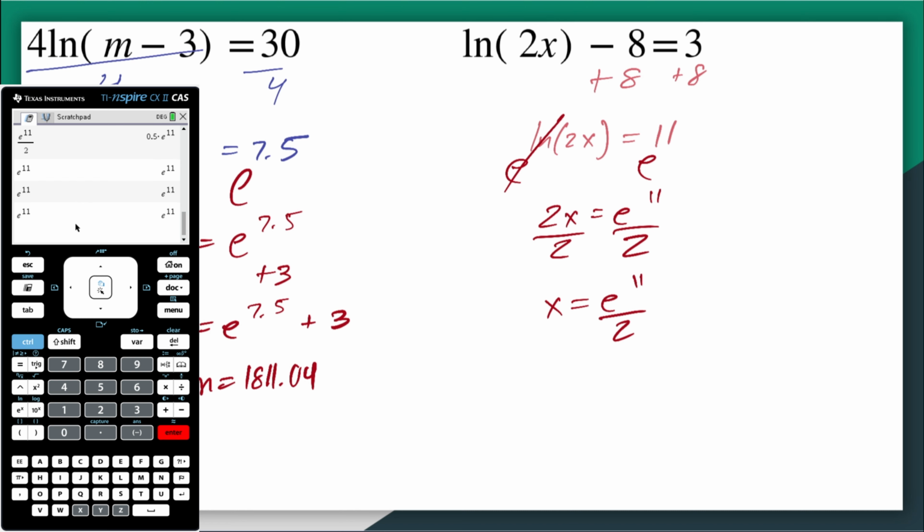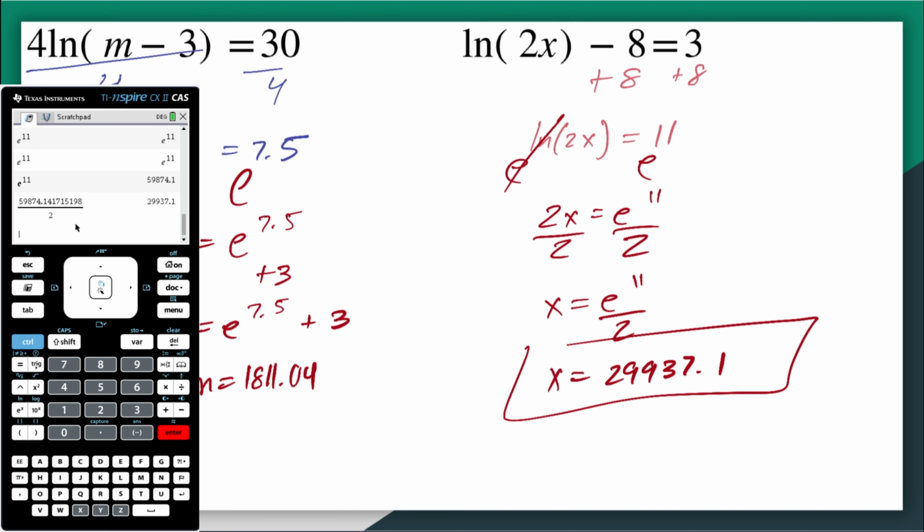Let's do it this way. There we go. So e to the power 11 gives you that, and then I take the answer and divide it by 2, and I should get x is equal to 29,937.1 as your answer, okay? So hopefully you were able to get that, all right?